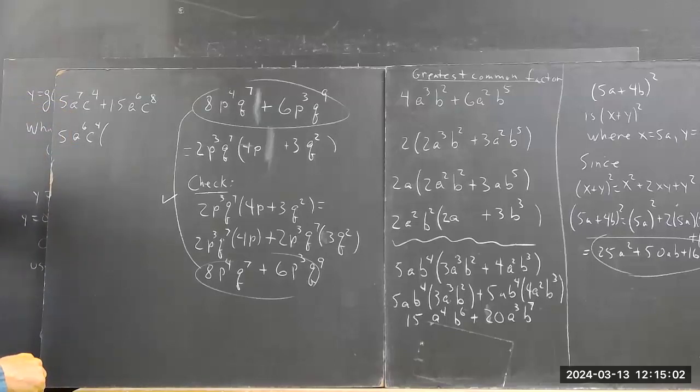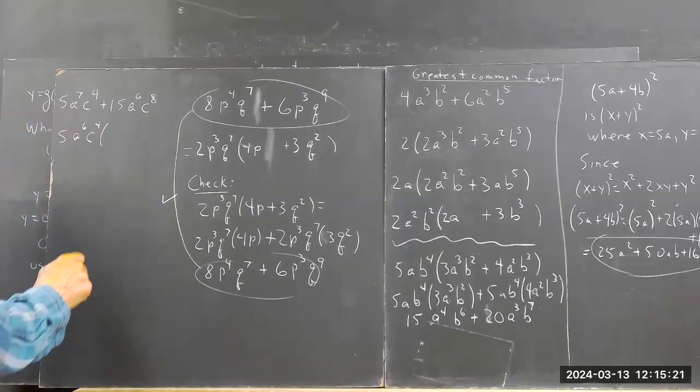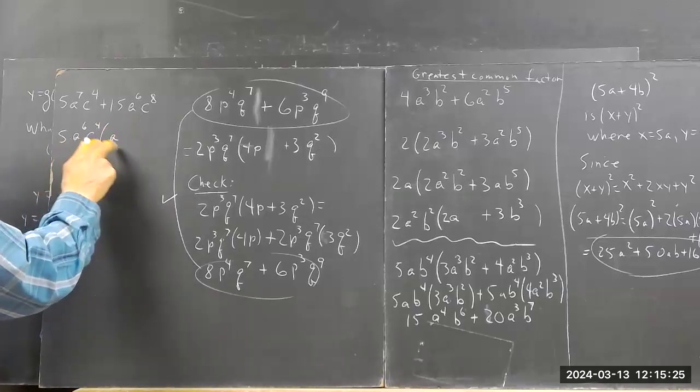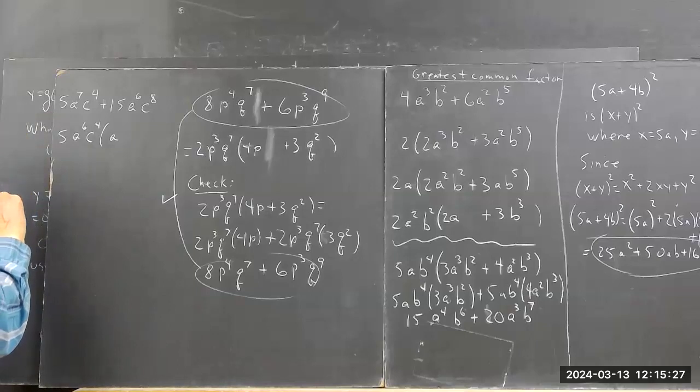Okay, I multiply this by what to get this? Well, I've got 5 here. I need 5 here, so I don't need any numbers. I just need a 1 here, and I don't even have to write the 1. Okay, I've got a to the 6th. I need a to the 7th. Well, a to the 6th times a gives me a to the 7th.